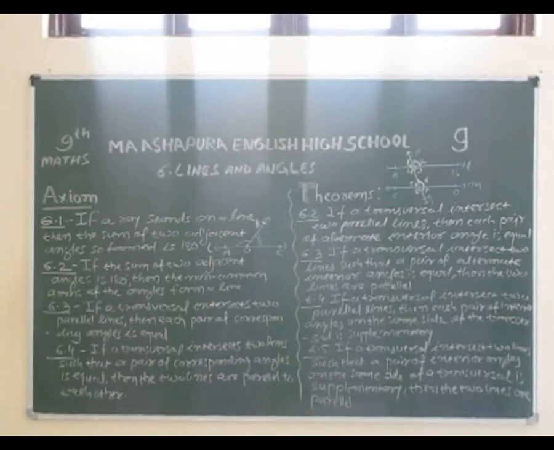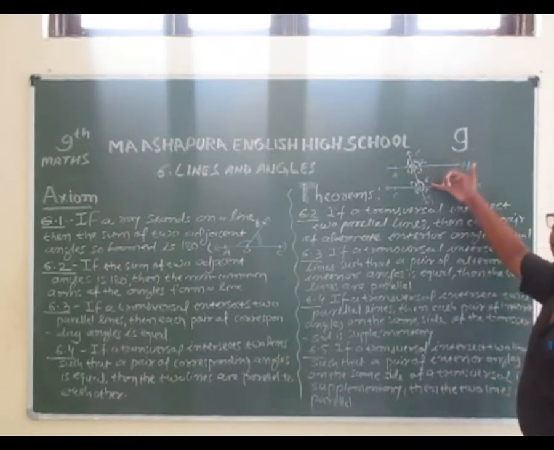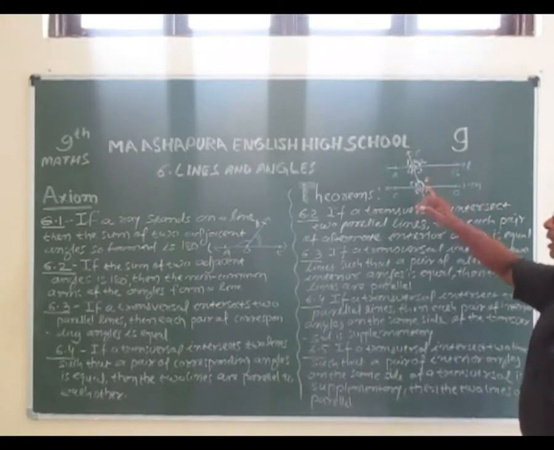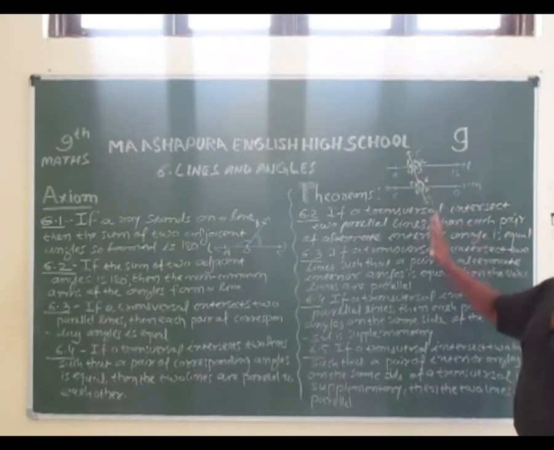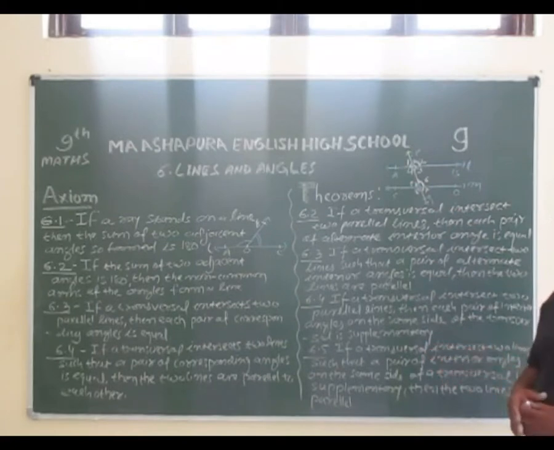If a transversal intersects two parallel lines, then each pair of interior angles on the same side of the transversal is supplementary. Here angle 3 and angle 6 are called interior angles on the same side. In the same way, angle 4 and angle 5 are also interior angles on the same side formed by the transversal.